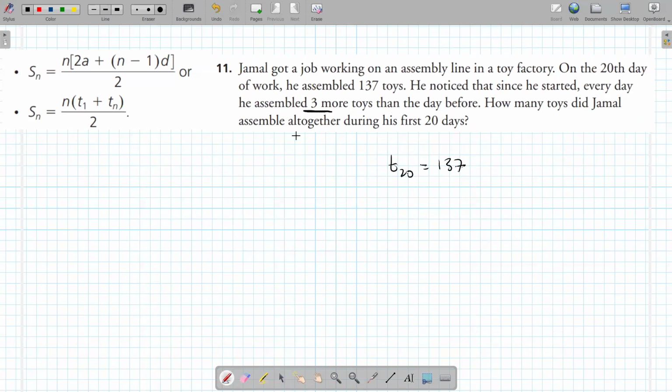What letter is used to denote this 3? D. So we know our D. Question is, how many toys did he assemble all together during the first 20 days? So what is this question asking us? S20 or T20? S20.